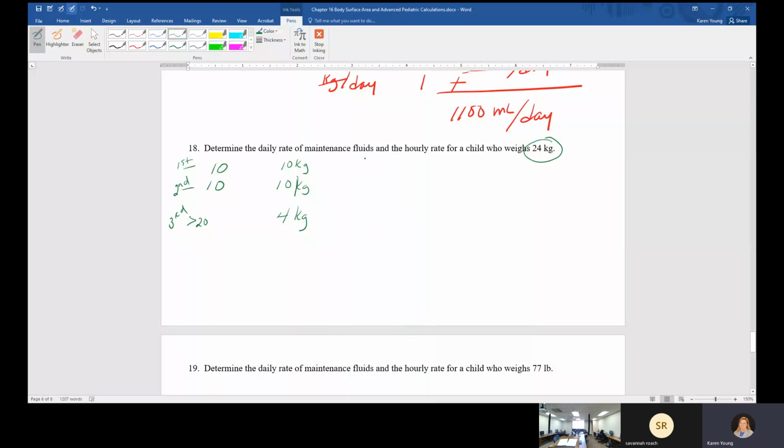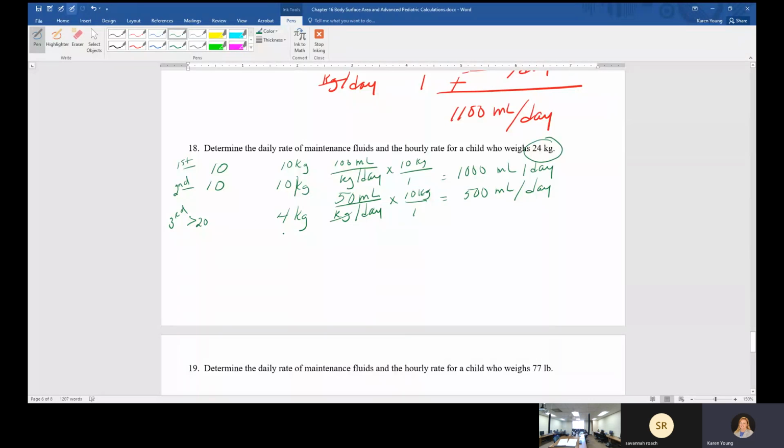All right. So for the first 10, it's 100 milliliters per kilogram per day times the 10 kilograms, which gives me 1,000 milliliters per day. Then for the second 10, it's 50 milliliters per kilogram per day times that second 10 kilograms he weighs. So I get 50 times 10, and I get 500 milliliters per day.